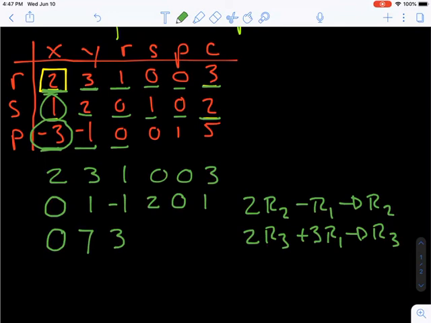We have all zeros. So 2 times 0 plus 3 times 0 is 0. The P column. 2 times 1 is 2. Plus 3 times 0 is 0. 0 plus 2 is 2. And finally, 2 times 5 is 10. Plus 3 times 3 is 9. 10 plus 9 is 19.